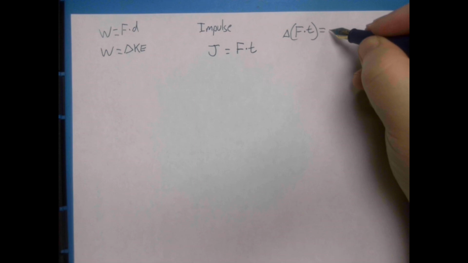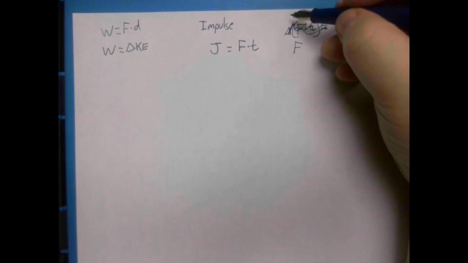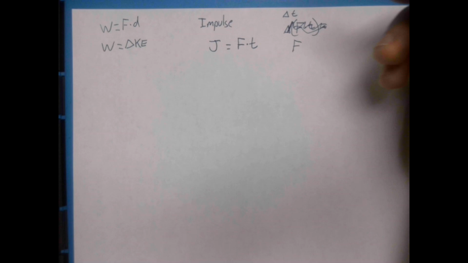Let me rewrite this. Normally time is an interval. Usually I've been writing t, but technically it's delta t. So force times delta t is equal to the change in momentum.